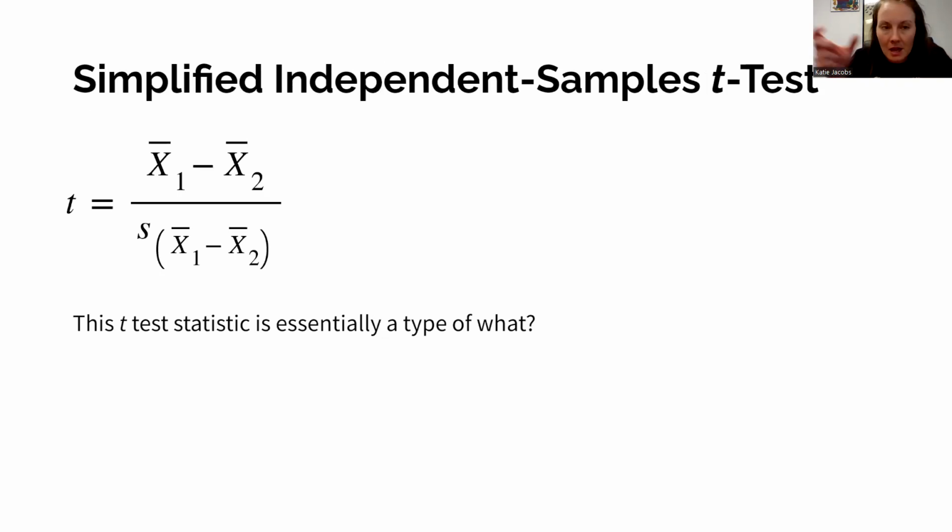Because we're seeing, okay, how big is the difference between these two groups, and then we're dividing that difference by what we see as the typical variation between these two different groups. We're using that as a threshold, so our t-test statistic is quantifying how big those differences between our two groups are.